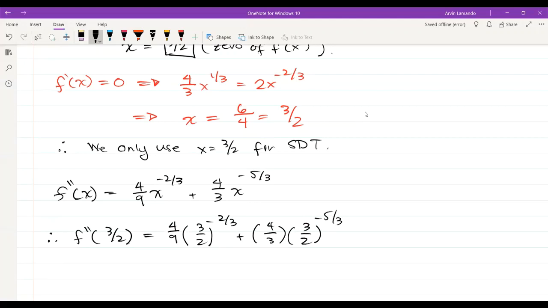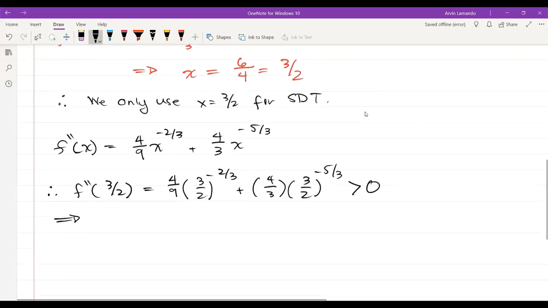Okay, so we don't actually need to simplify this expression. We only need to know that this is positive. Then the second derivative test tells us that the critical number 3/2 is actually a relative minimum.